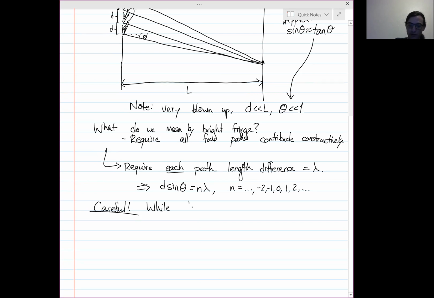While the bright spots, or the bright fringes, are at the same place as in the double slit, the dark spots are not.